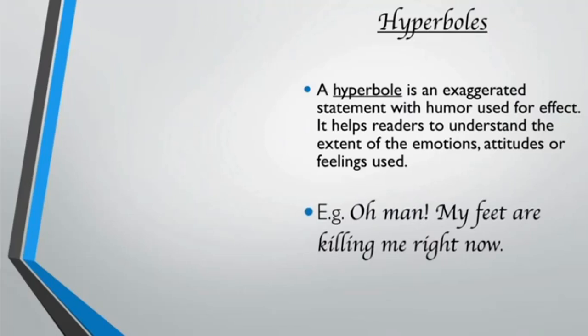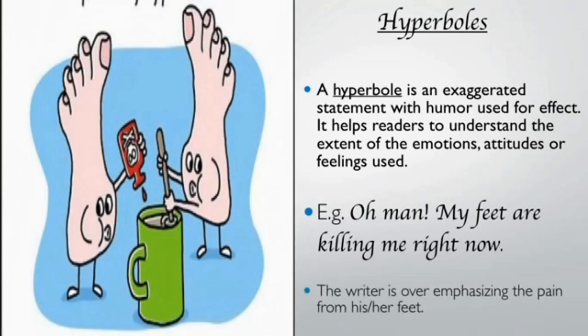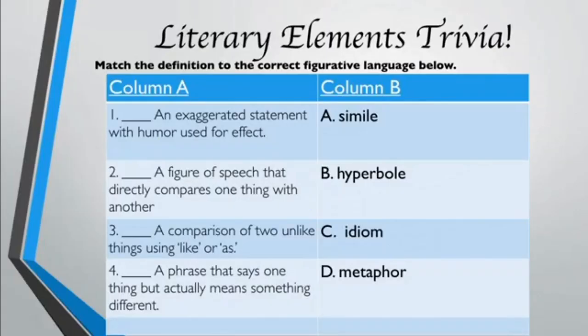Oh man, my feet are killing me right now. Alright? The author's not meaning that the feet are actually killing them or literally killing him. But what the author's trying to overemphasize is the pain that is coming from his or her feet. Everybody understands that?